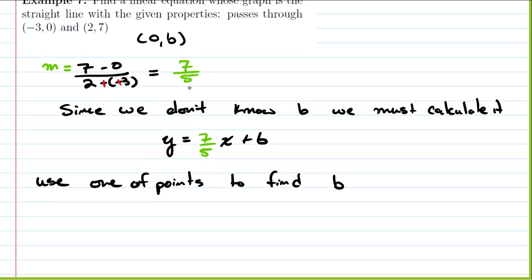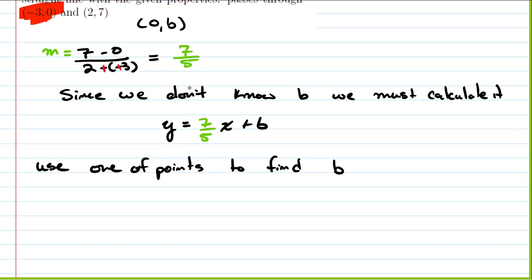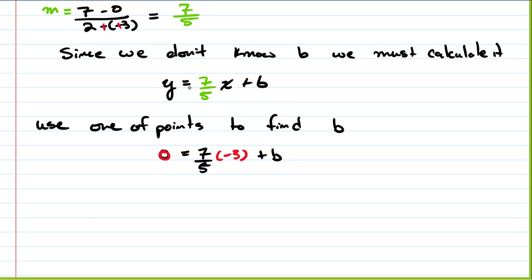So I'm going to pick this point for no other reason other than it's listed first. So I put that into my equation, so I have 0 is equal to 7 over 5 times my negative 3 plus b. And when I do this, now the only thing that I don't know in this equation is b.